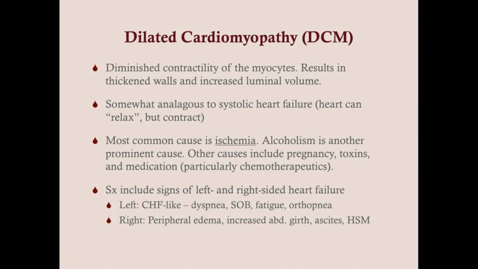Certain toxins can cause dilated cardiomyopathy. The things that come to mind are the heavy metals like lead and cobalt, and certain toxins like arsenic. And then certain medications can cause dilated cardiomyopathy. These aren't medications that are regularly prescribed, but perhaps chemotherapeutics like vincristine, and other vinca alkaloids, I believe, can cause DCM.